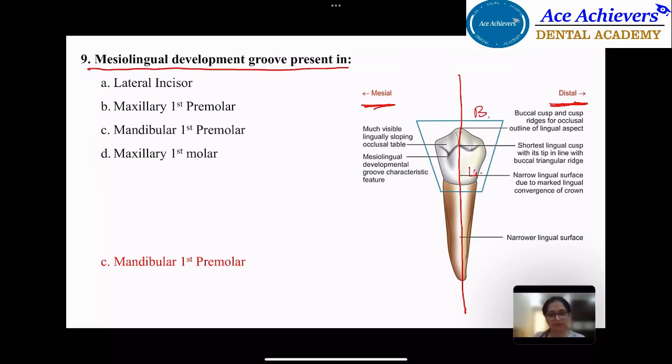Since it is a 2D structure, you can visualize the 3D out of it. On the mesiolingual side, there is this developmental groove. This developmental groove is characteristic of the mandibular first premolar. This is a direct question to remember.